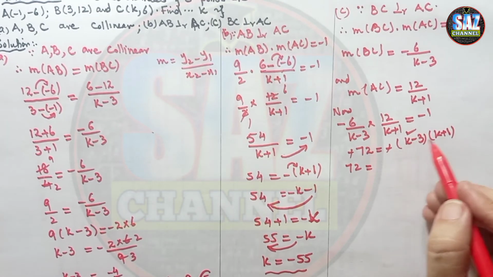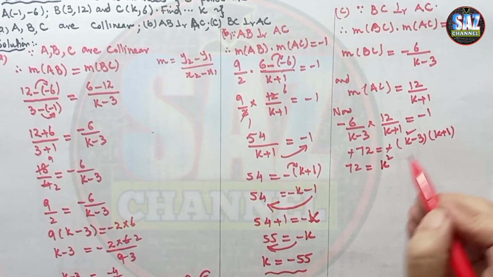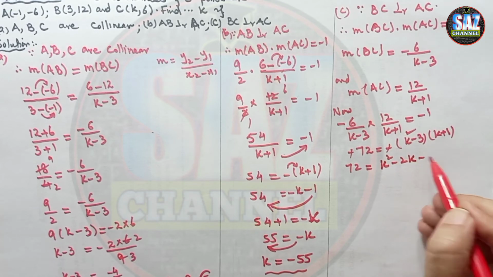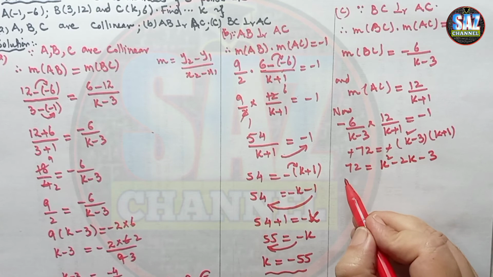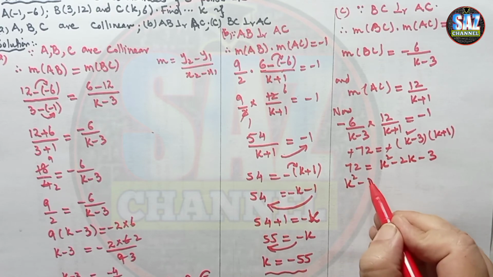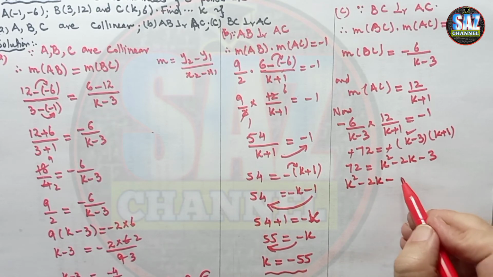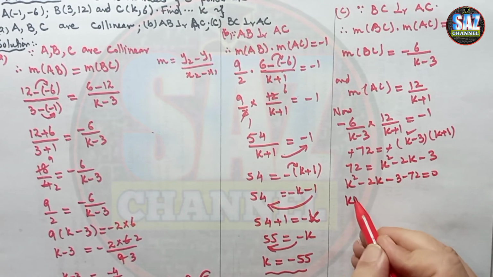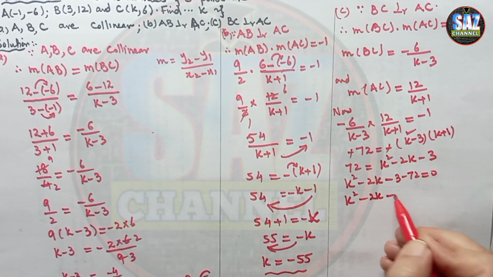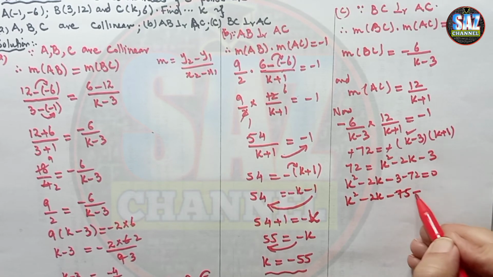So this will become K square minus 2K minus 3. Now shift 72 to the other side, and my equation will take the form K square minus 2K minus 3 minus 72 equals 0. K square minus 2K minus 75 equals 0.